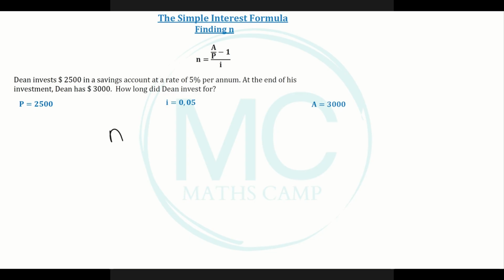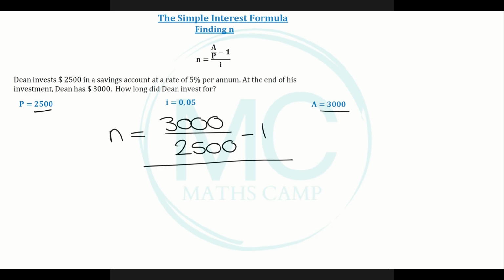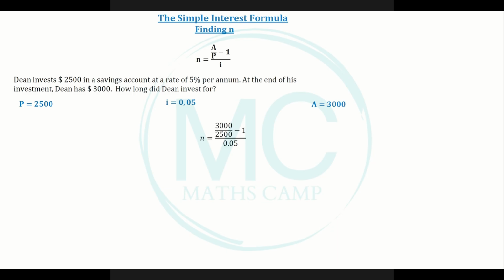So we say n is equal to A, 3,000, over P, 2,500, minus 1, all over our value of I, 0,05. 3,000 divided by 2,500 gives us 1,2.